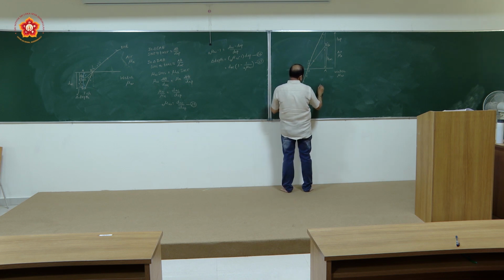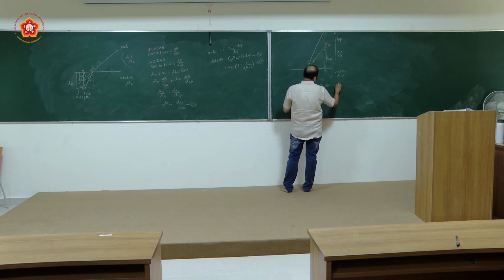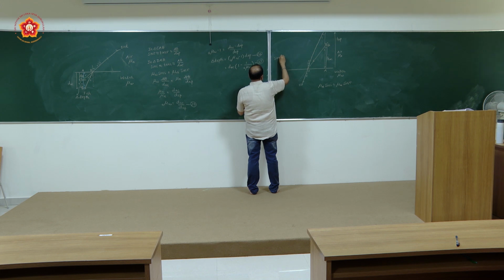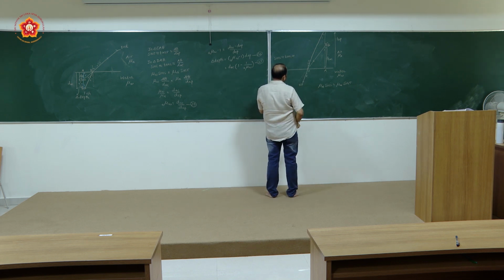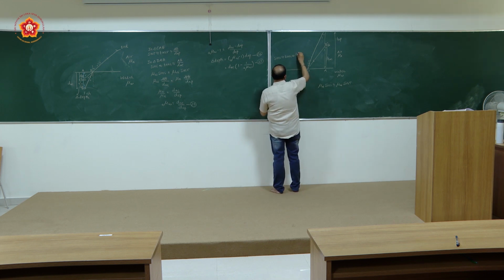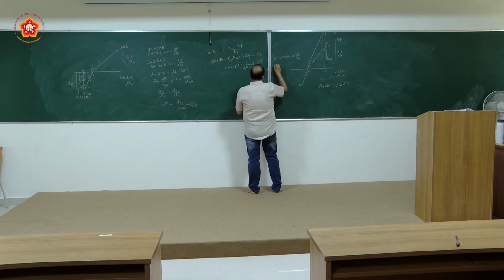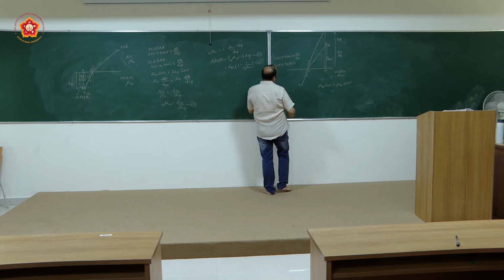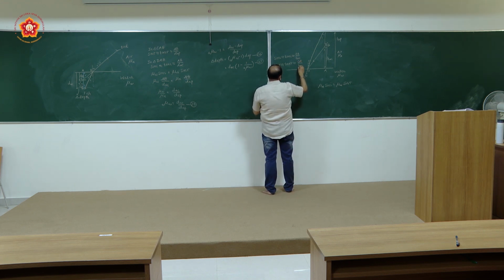You will be having refractive index of air multiplied by sine of I is equal to refractive index of water multiplied by sine of R. Now, sine I, you are aware of the fact, is approximately equal to tan of I. We have taken tan of I, so you will be having opposite side OA divided by adjacent side, that will be H actual, and you will have sine of R approximately equal to tan of R, approximately equal to OA upon H apparent.